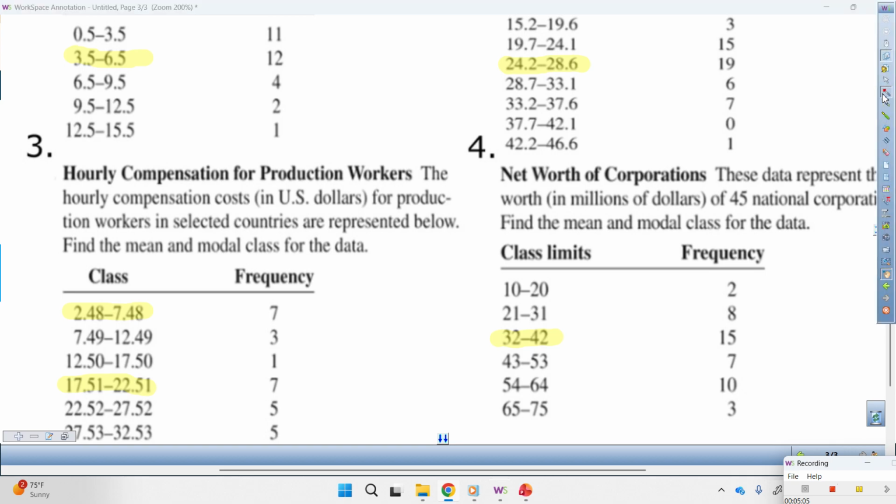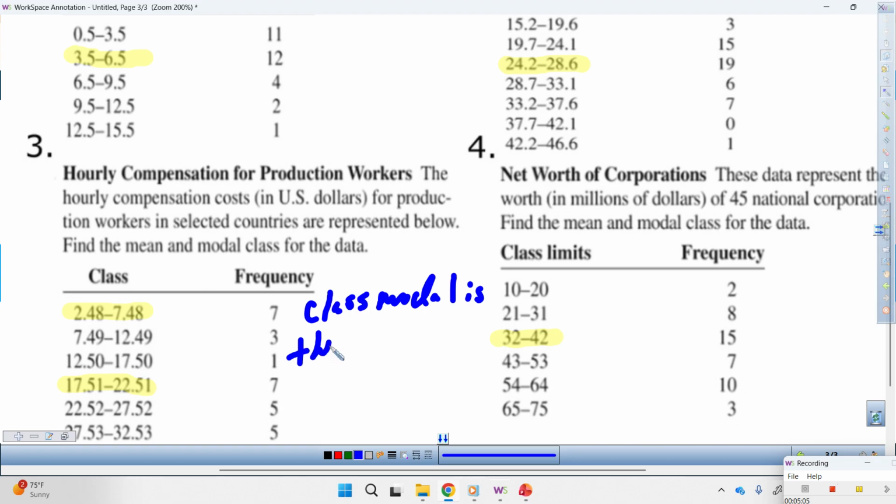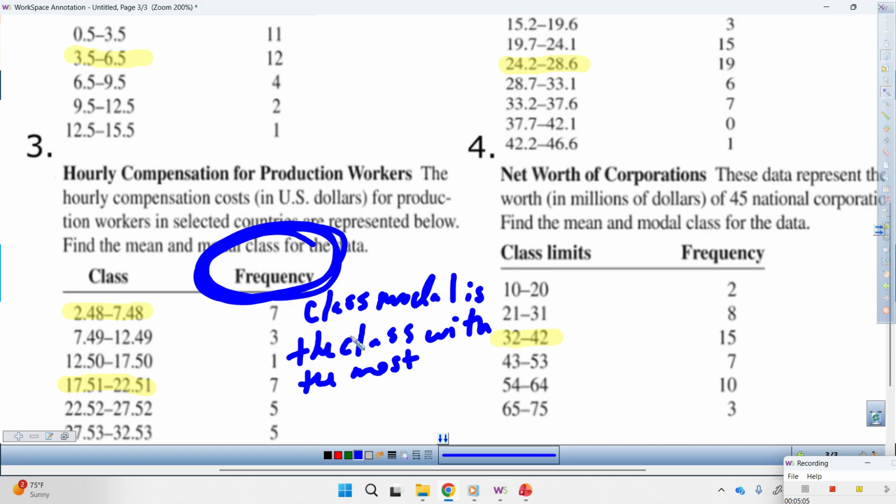The most? Okay, so modal class is what? The class with the most frequency. Write that down, people. Modal class is the class with the most frequency.